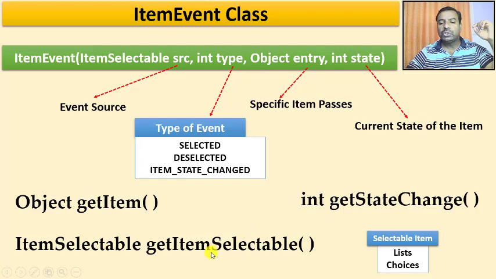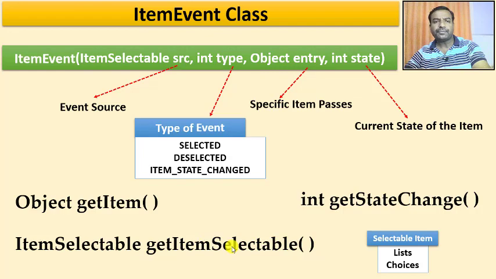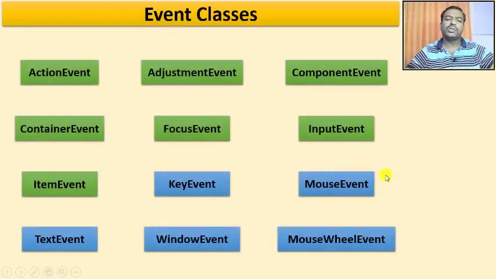It will return whether it is a list or a choice. If it is a radio button or checkbox, I get the return value as choice from this method. And if it is a list, I get the return value as list. This is what the item event is going to be.